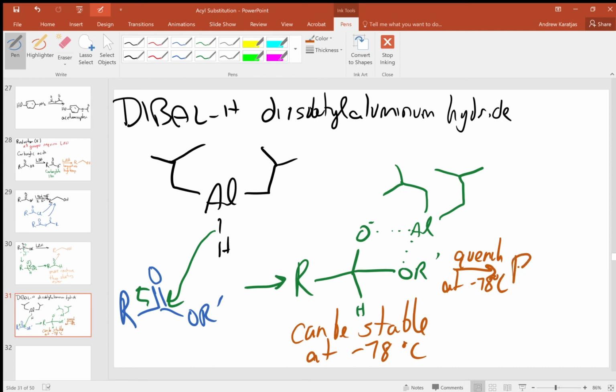Once you quench it, the aldehyde forms, but there's no longer any DIBAL present to do anything, because you're quenching not only that intermediate but also any excess DIBAL that's present. And so under the right conditions, keeping it cold, you can do a partial reduction of an ester and get it to stop at the aldehyde.